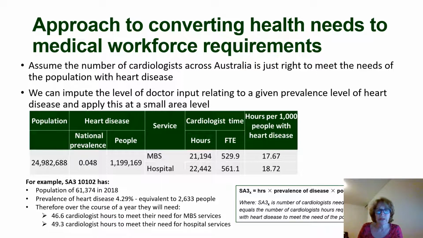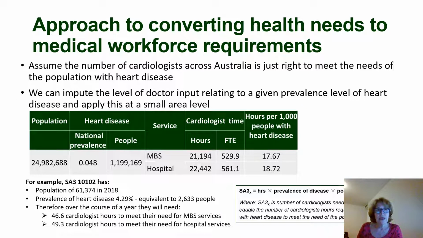And what this estimate tells us is that that particular area would require 46 cardiologist hours to meet the needs for services delivered through MBS activity, and just short of 50 cardiologist hours to meet the need for hospital services, and that's over the course of a year.